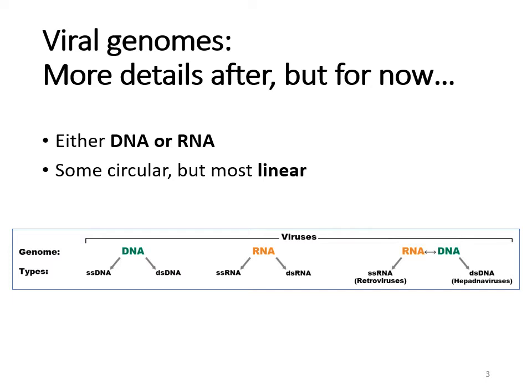Okay, so you're going to see throughout this lesson that whenever we talk about viruses, a lot of times you'll hear people refer to what type of genome they have, and that can kind of affect how they interact and what they do. But like I said, we're going to go into more detail with that after. Just be aware that viral genomes vary. Okay, they can be DNA or RNA.